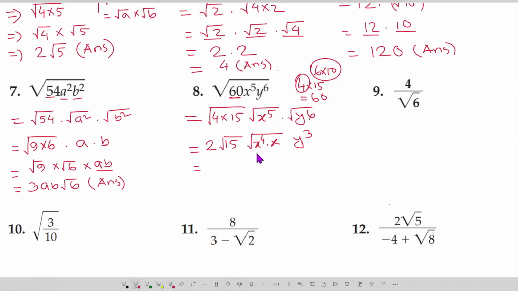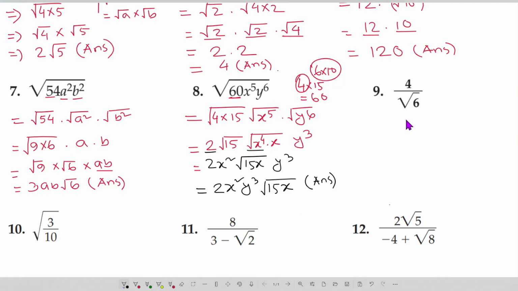So now we can simplify this one. Here is a 2, here is x to the power 4, which means x square. Then here is x and here is root 15. So including this one we can write root 15x, then y cube. If you want, you can synchronize more, like 2 x square y cube root 15x. This is our answer.